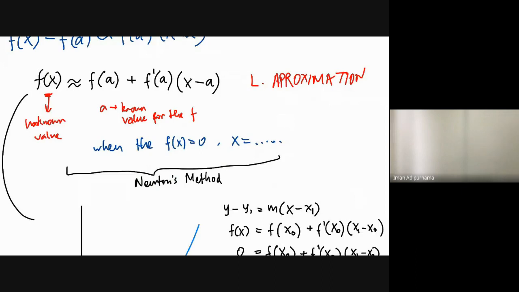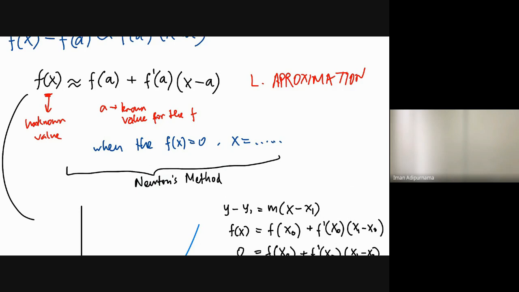Precisely, this is our linear approximation, it's similar. The mean value theorem also has similar equations. But the question in Newton's method is that the function is 0, and we need to find the x. In the linear approximation, we know the x and we want to find the value of the function.